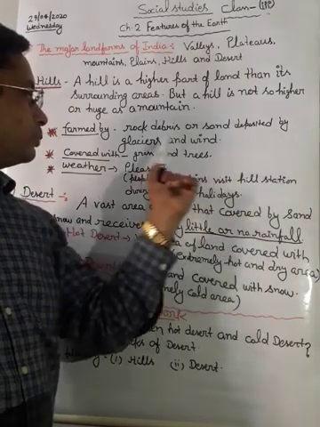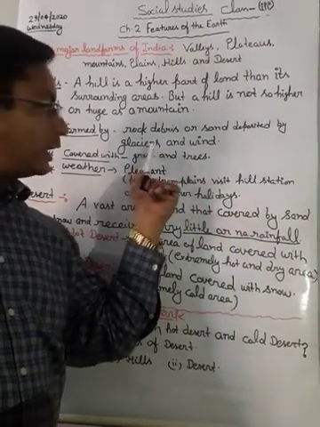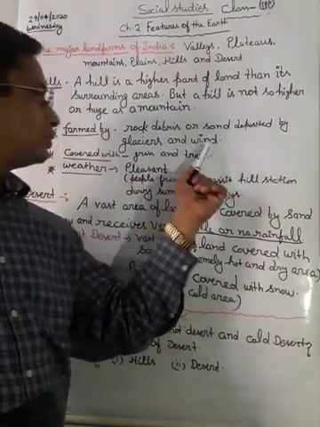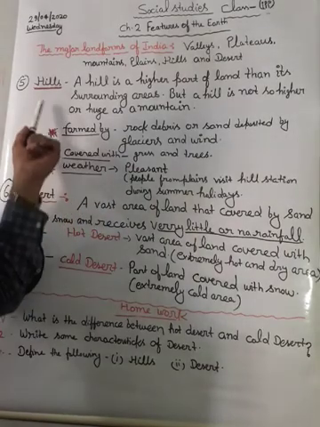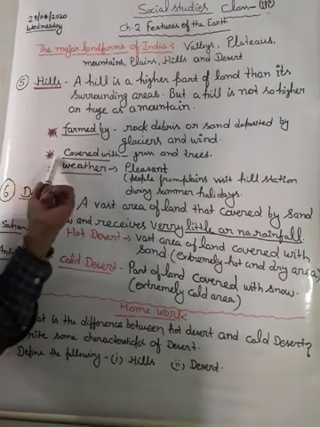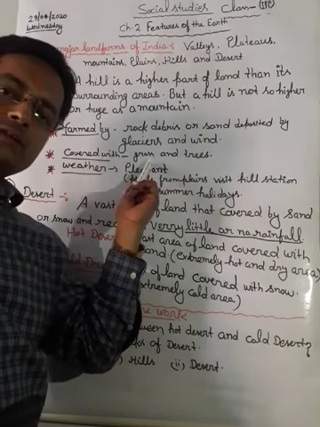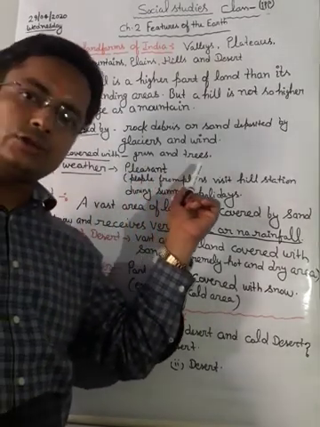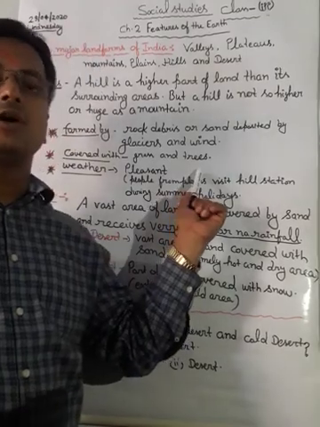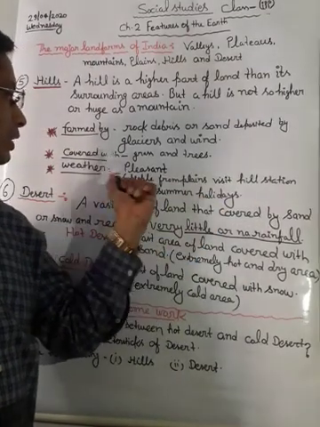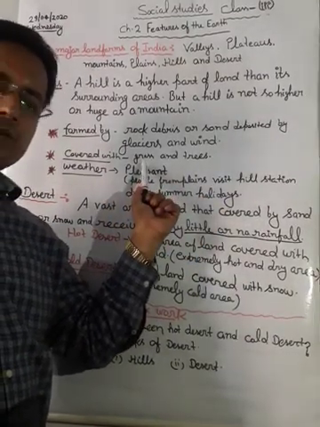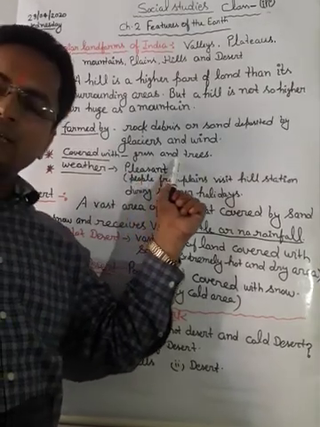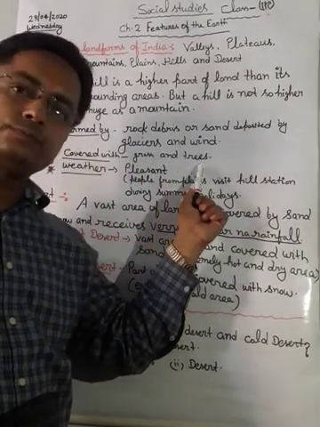It is deposited by glaciers and wind. And hills are covered with which things? Hills are covered with grass and trees. Yes, students, on hills we can see grass and trees.